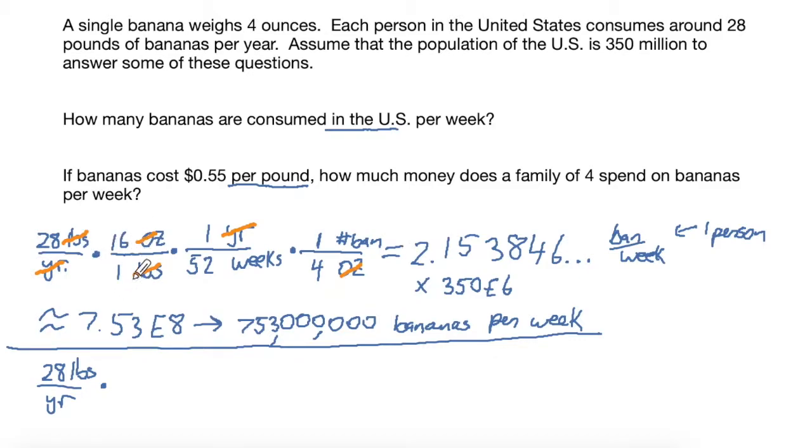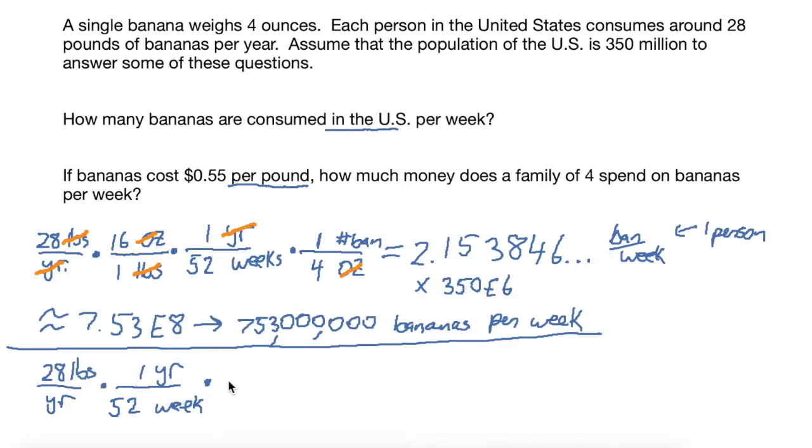So I don't need to change it to ounces. I just need to get rid of the year. So this would be year up here, week down here. And that's 1 year, and that's 52 weeks. So now we're in pounds per week per person. This is still all per person.